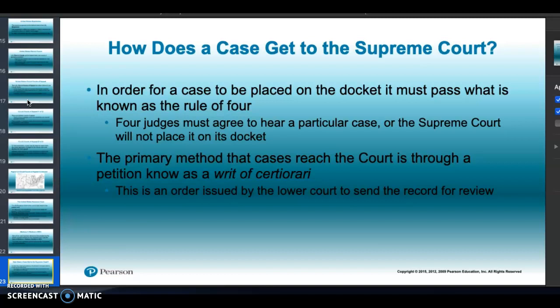The judges must accept to hear the case. Or you can do what's called a writ of certiorari. This is an order issued by the lower courts to send the record up for review. The U.S. Supreme Court judges look at that docket and then make the determination if they would like to hear the case.